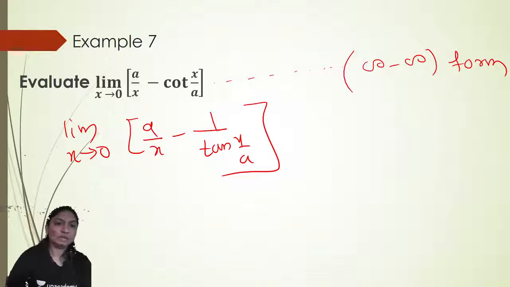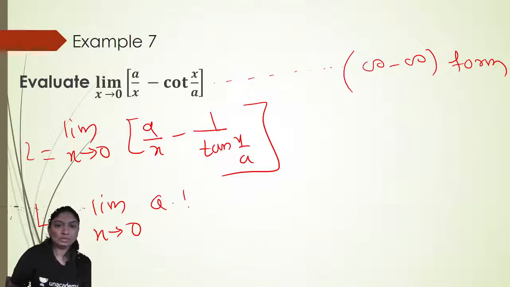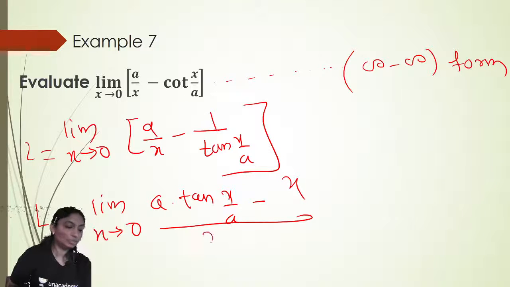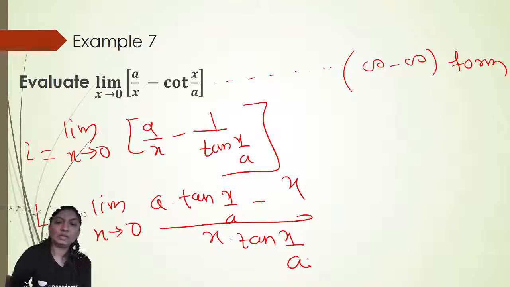So you will get here L is equal to limit as x tends to 0, a into tan x by a minus x upon x into tan x by a. Right? So apply limit as x tends to 0, a into tan 0 is 0 here, 0 minus 0, so you will get 0 upon 0 form.